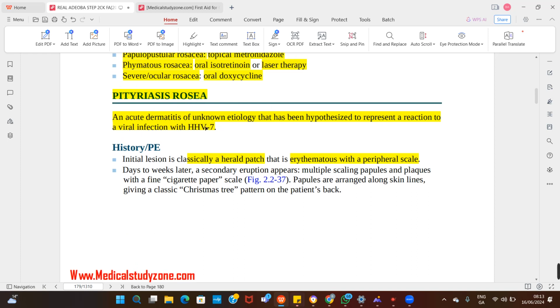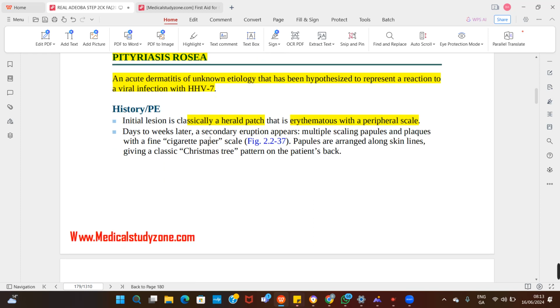Pityriasis rosea is not fungal, it's due to viral HHV type 7. Then after some few weeks or days, the major rash will start appearing, the maculopapular rash. You see some secondary eruption, which are erythematous papules or plaques that appear along the tension lines of the skin. So they arrange along the skin lines.